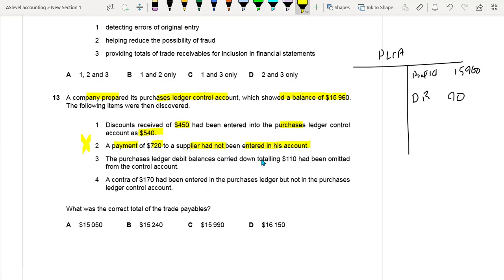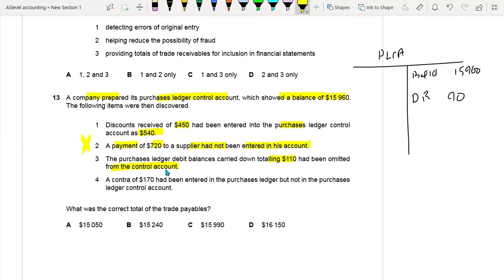Purchase ledger debit balance carried down totaling 1110 had been omitted from the control account. So it is omitted, and because this is a purchase ledger debit balance, we know it would be written on the credit side.